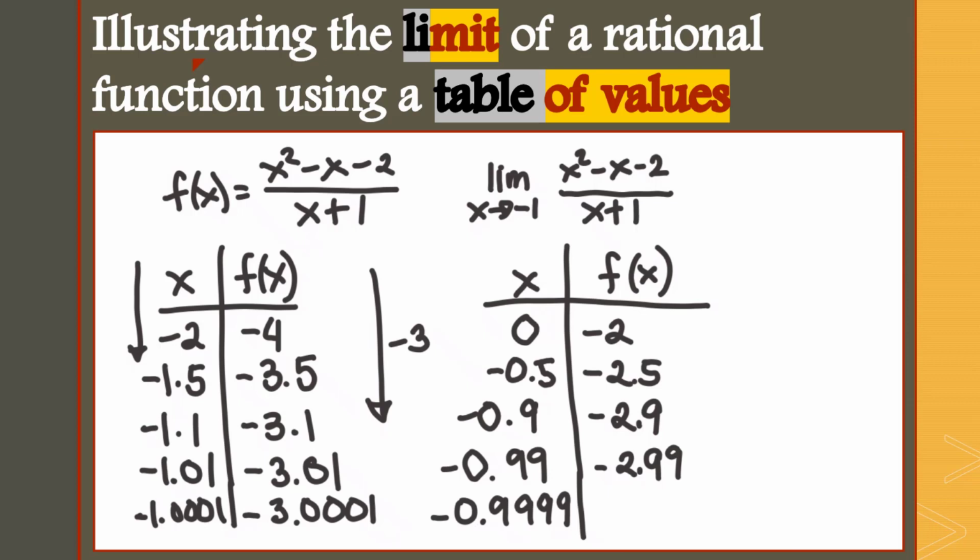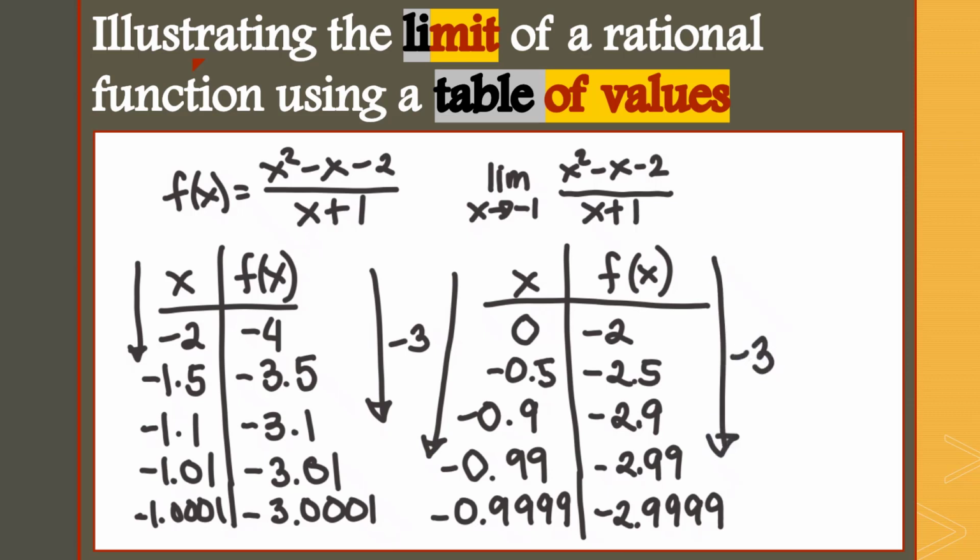Whatever will be the result of that, you then divide with the result in the denominator, which is actually positive 0.0001, which will give us negative 2.9999. As you can see, as we get closer to negative 1 with all the values from the right of negative 1, the trend for our f of x is also going to negative 3.